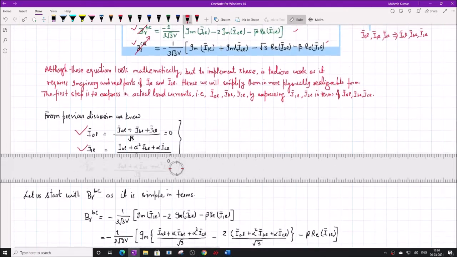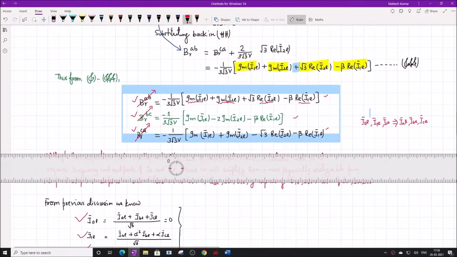We will start with B gamma BC because it is the simpler expression. It involves only 3 components, while B gamma AB and B gamma CA involve 4 terms: 1, 2, 3, 4, while B gamma BC has only 1, 2 and 3. So we can start from the simpler expression, B gamma BC, and then do the others.